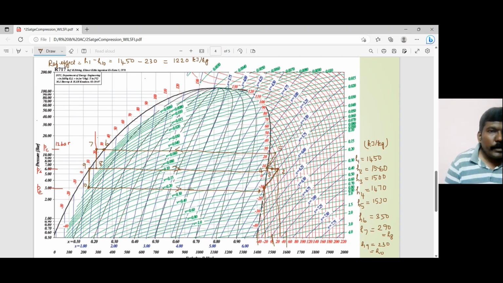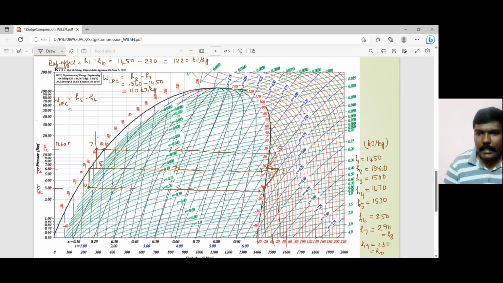Okay. And then you have work input for the low pressure compressor, which happens to be H2 minus H1. H2 is 1560 minus 1450, so that is 110 kilojoule per kilogram. And if you look at WHPC, that guy is H5 minus H4.